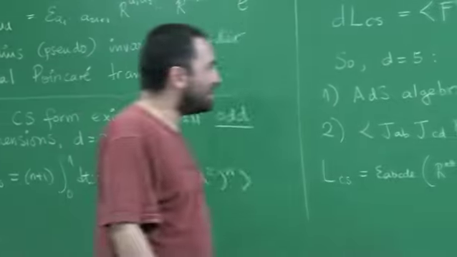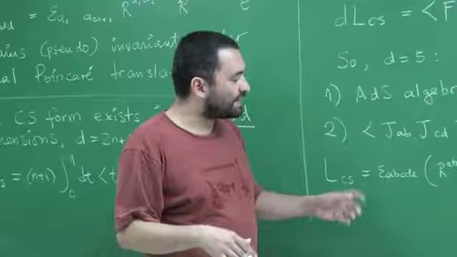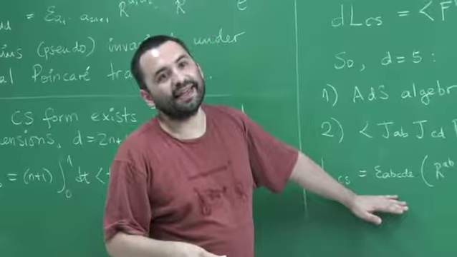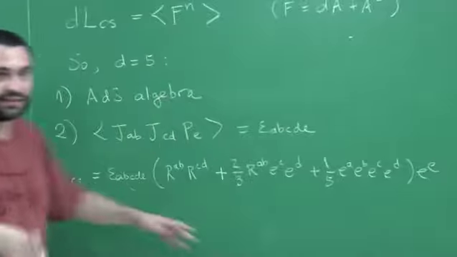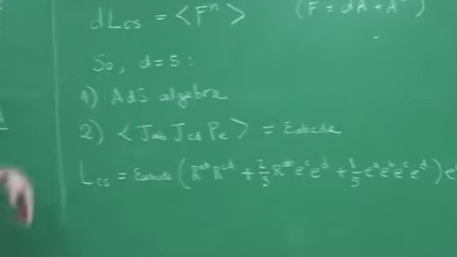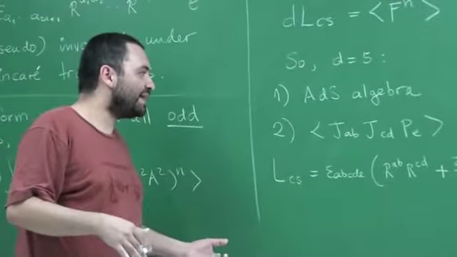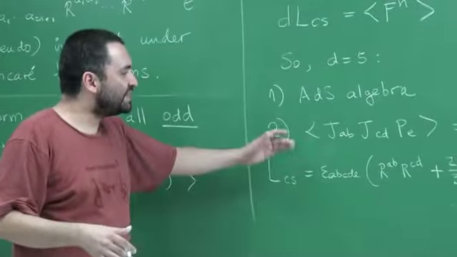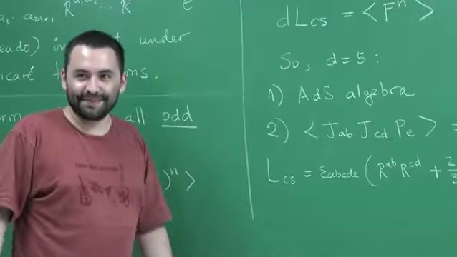A large part of the work in Lovelock gravity has been done in this particular case, where the coefficients are such that this is a Chern-Simons form, because it has many special properties. But these special properties sometimes lead to degeneracy, because there's too much symmetry.